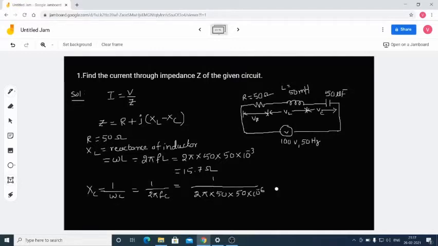On simplifying this, we will get 63.66 ohm.